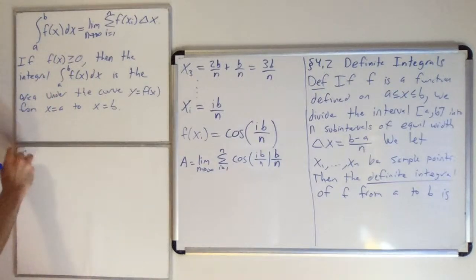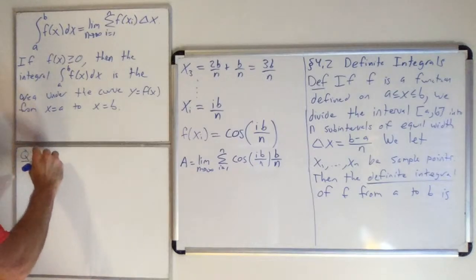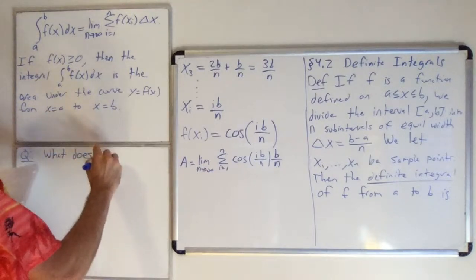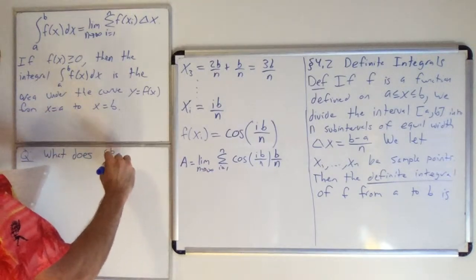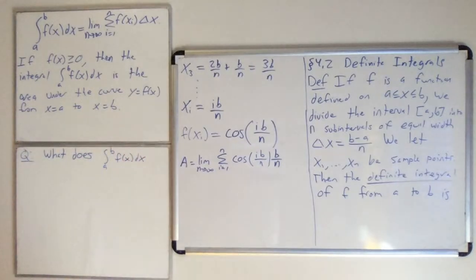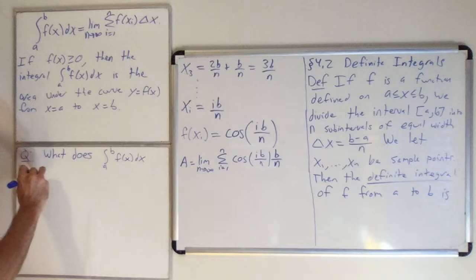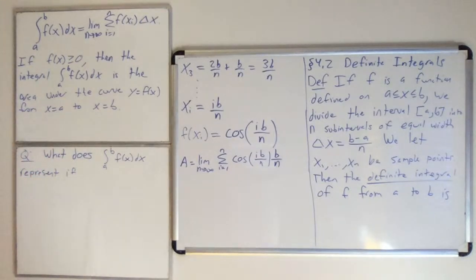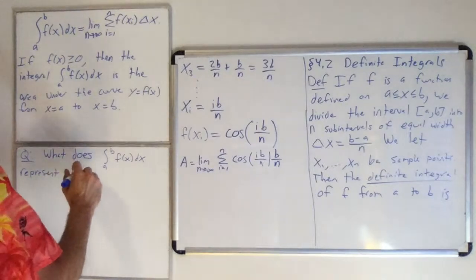My question is, what does the integral from a to b of f of x dx represent if f takes on both positive and negative values?